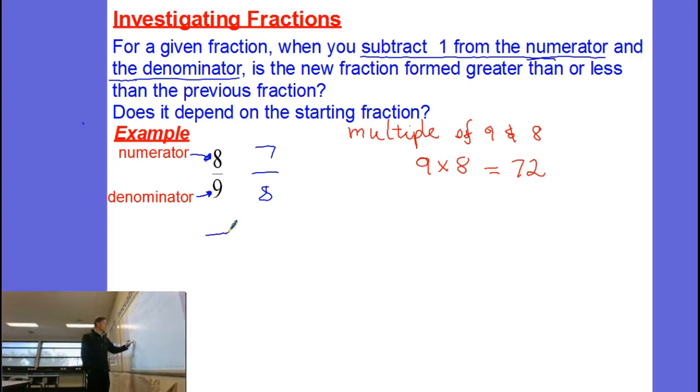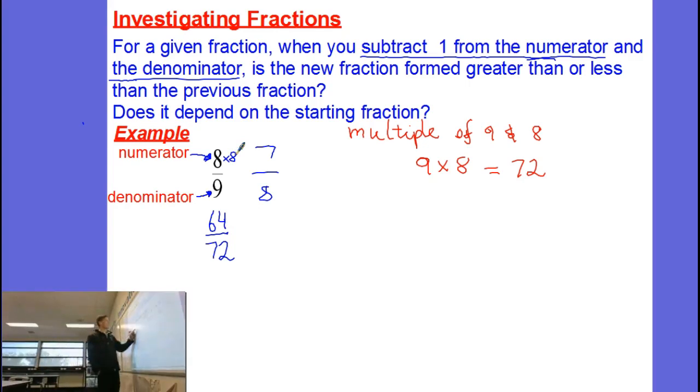So what would 8/9 be with a denominator of 72? Well, a ninth is now 8 times bigger to become a denominator of 72. So my numerator should also be 8 times bigger. And if I did 8 times 8, I'll get my equivalent numerator of 64.